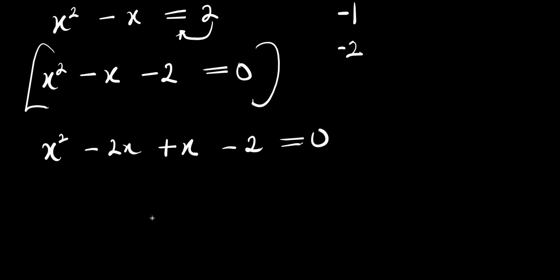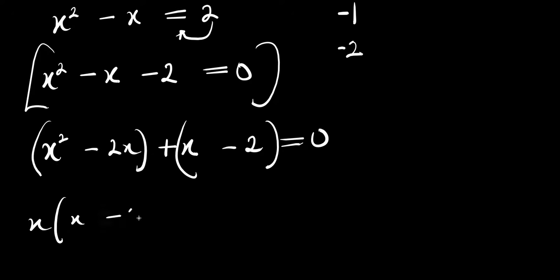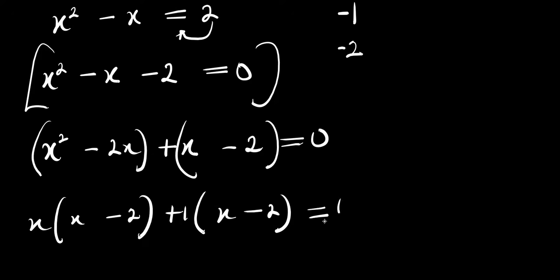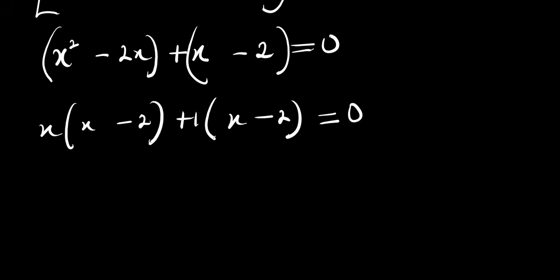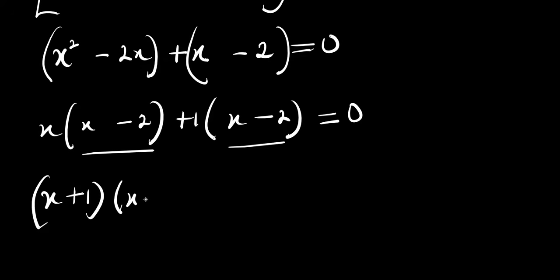So from here, I can factor this out, minus 2. Then for this, I have plus 1 times x minus 2 equals 0. So these are identical brackets, so I have x plus 1 times x minus 2 equals 0.